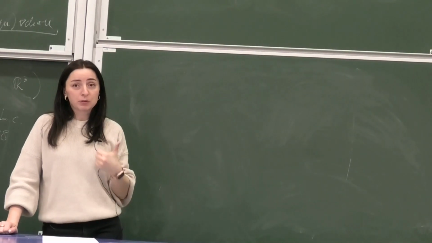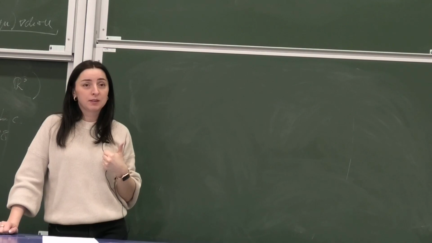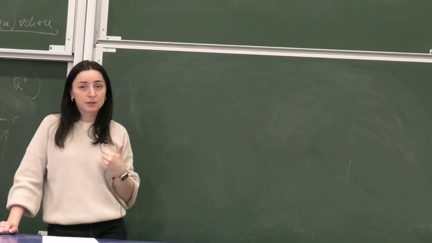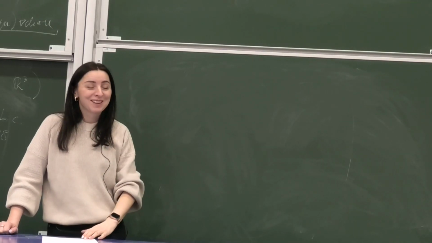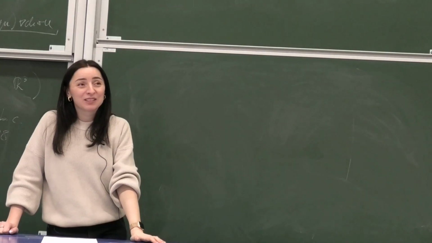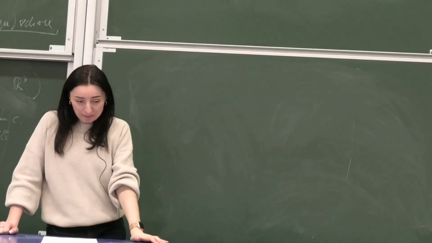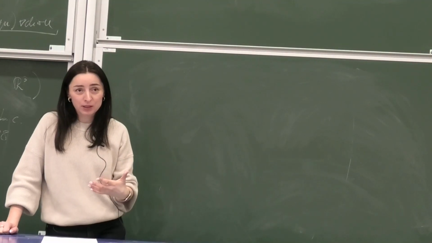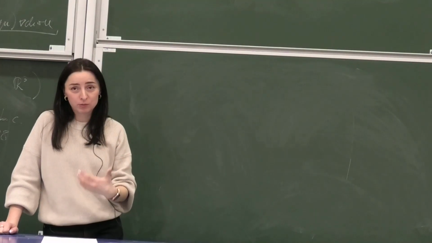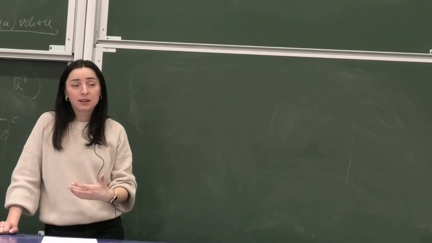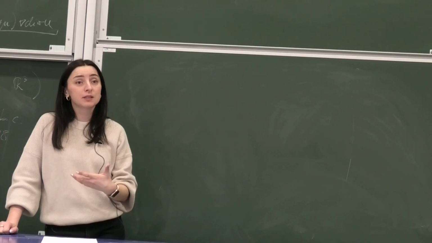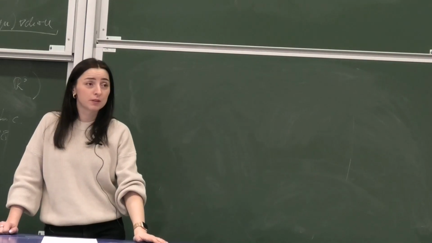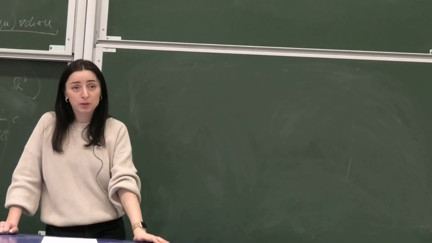So when you see the system for the first time and you understand a little bit of physics behind it, the first question is, you want to prove the existence of a solution, and you need to understand what would be your notion of solution, right? And the way to do it is to understand what quantities are conserved. I already told you about conservation of mass, conservation of momentum.